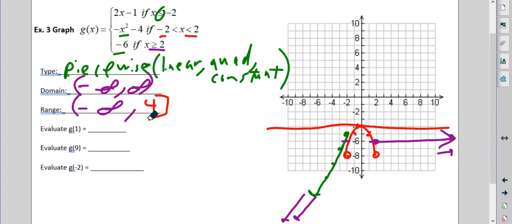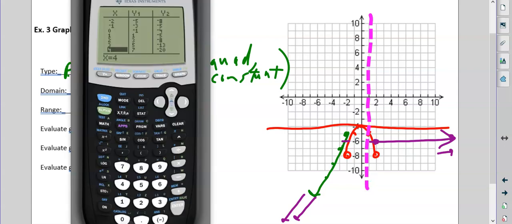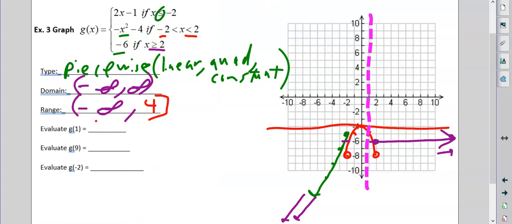Now, where is 1? So, x is 1 is right here. Now, that only hits one of the graphs. It's the red parabola. So we're going to look at, on my calculator, or just right there, 1, -5. I could also just plug in 1 right here. 1 squared, take the opposite, -1, minus 4 is -5. Now I'm looking at 9.